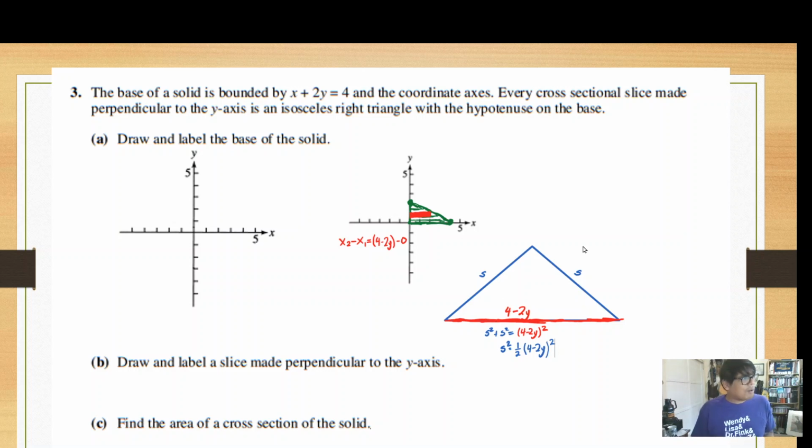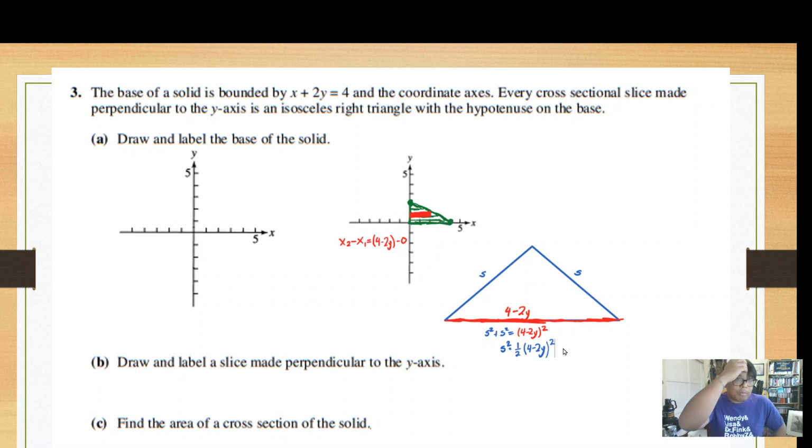If you want to find an area for this cross section, knowing that this is a right angle, the area of this cross section is 1/2 s squared. How much is s squared? Using the Pythagorean theorem, s squared plus s squared is equal to (4 minus 2y) squared, which means that s squared is 1/2 of (4 minus 2y) squared.